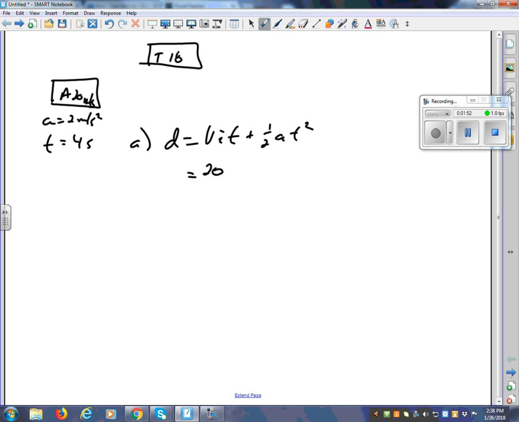The time is 4 plus 1/2 the acceleration of 2 times the time squared. So 20 times 4 is 80. 4 squared is 16. 1/2 of 2 is 1, times 16 is 16. So it should be 96 meters. Sierra, you got that one right.